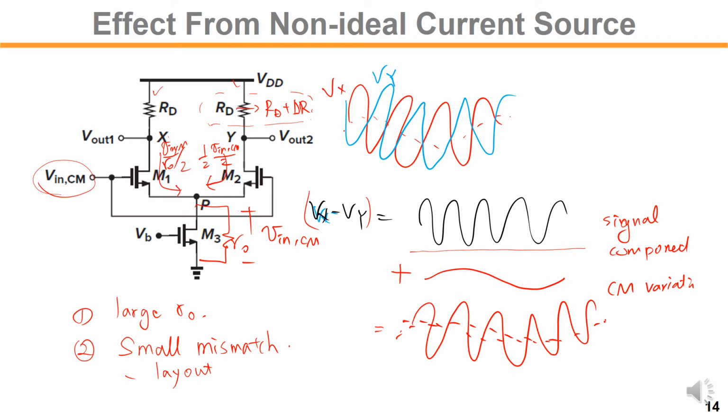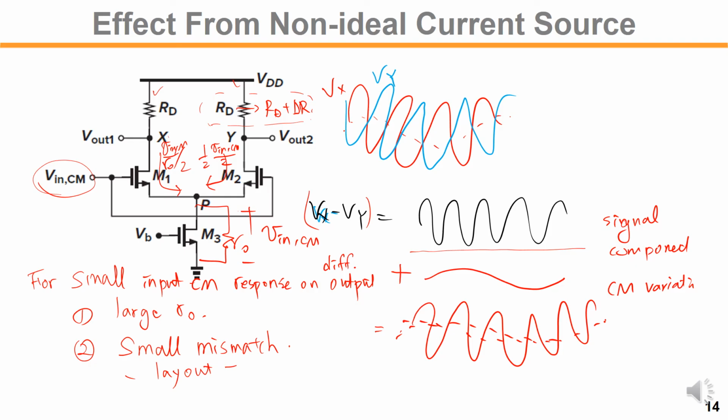Appear on the output difference. So small mismatch is important to have a small input CM response on the differential output, right? Diff output.